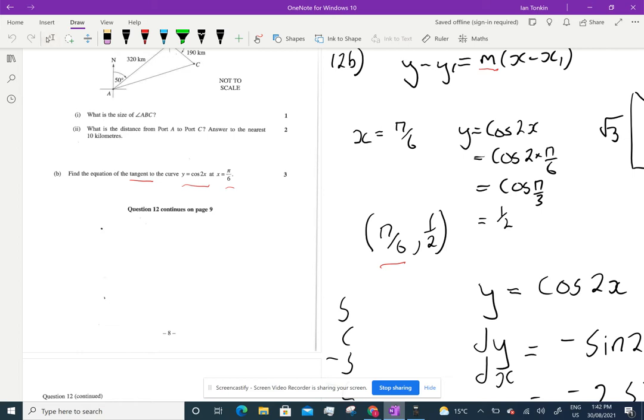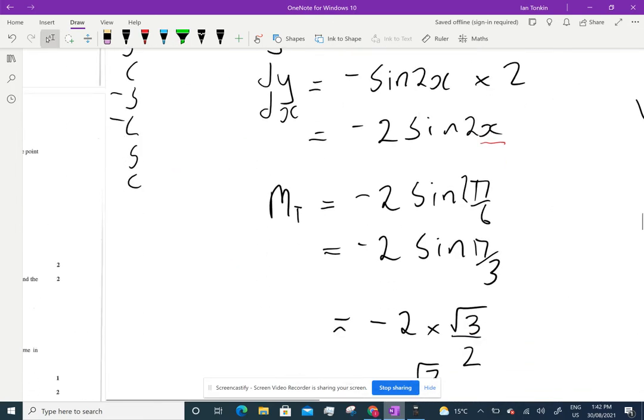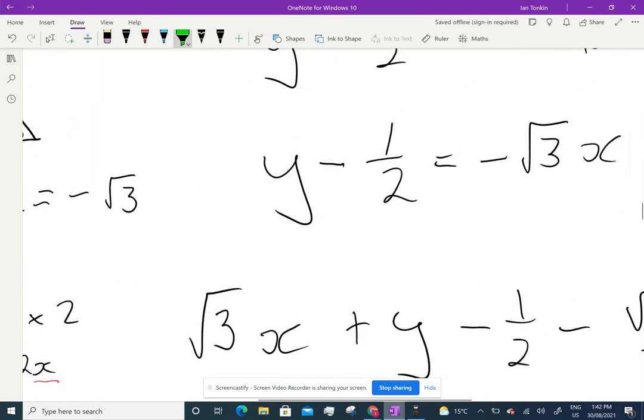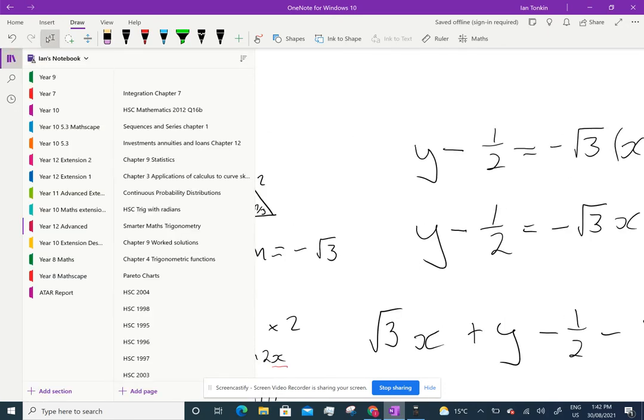Well, they didn't give me a y value, so the first thing I did was put in my x value, found my y value, got a point. Then I differentiated and found my gradient. And then I just used y minus y1 equals m outside of x minus x1. But we're not going to spend time on that.